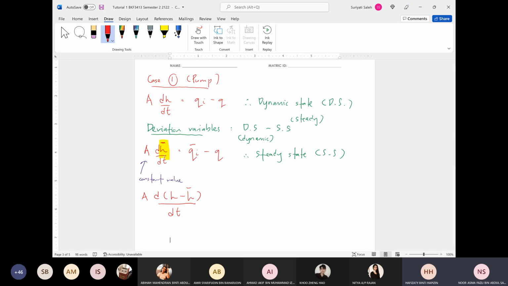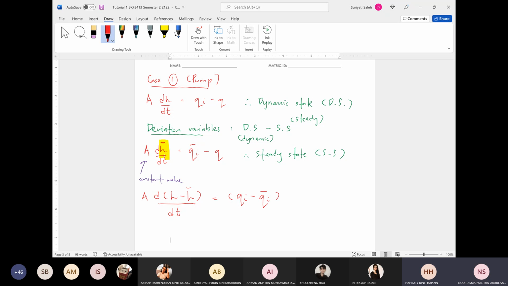We start with the A remaining there, and then since A multiplies the differential equation, the deviation form will be d(H minus H bar) over dt equal to Qi minus Qi bar.